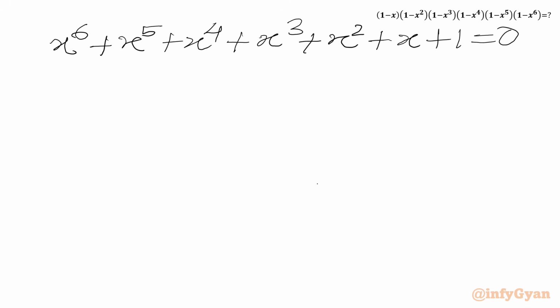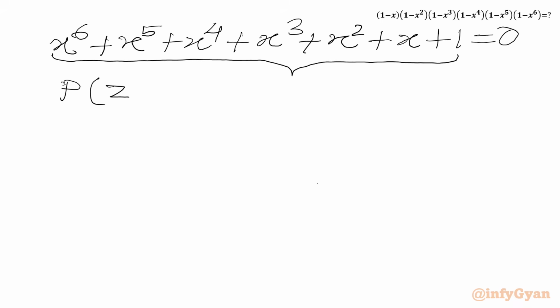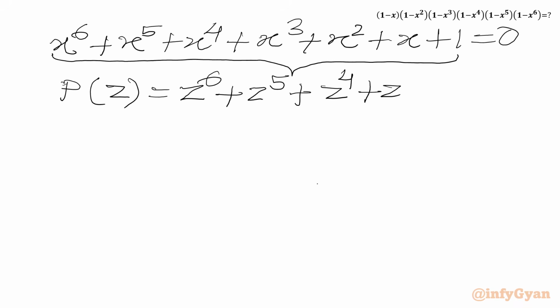As we have complex roots, we will consider this as P(x), or we can change the variable and write P(z), which will be equal to z power 6 plus z power 5 plus z power 4 plus z cube plus z square plus z plus 1.